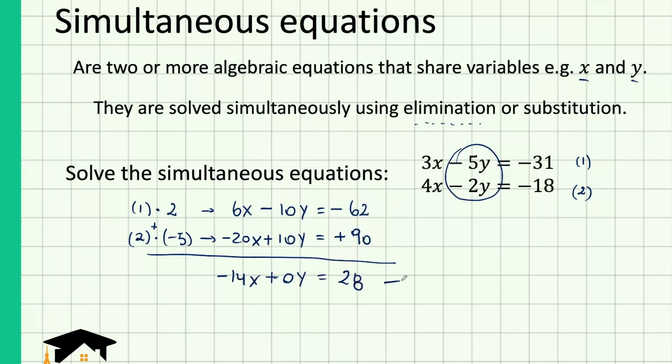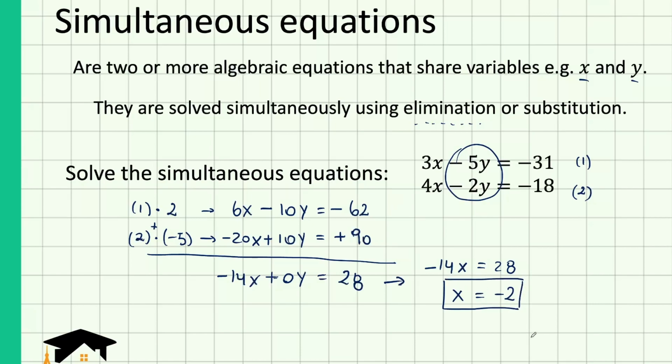And so the equation we have is that minus 14x is equal to 28. And now we can divide by minus 14 and get x equal to minus 2. And so we found one variable.